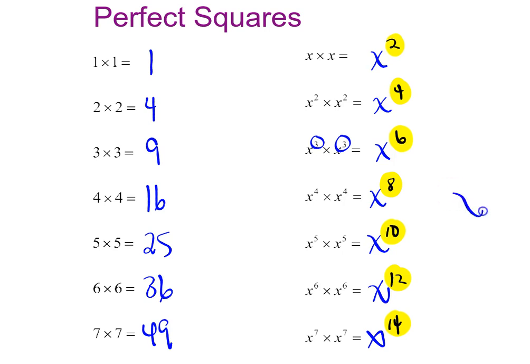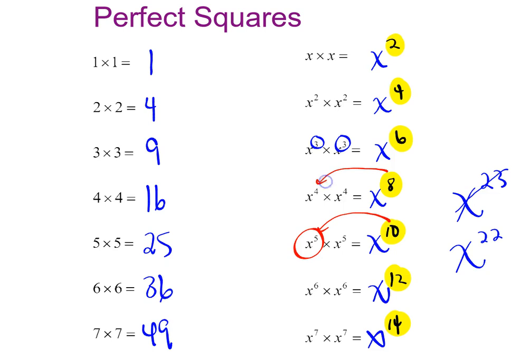For example, if I have x to the 23rd, that's not going to be a perfect square. But if I have x to the 22nd, 22 is even, so I know that it is. And when I'm looking to find it, look back at this pattern. When x to the 10th was a perfect square, the square root of it was x to the 5th.